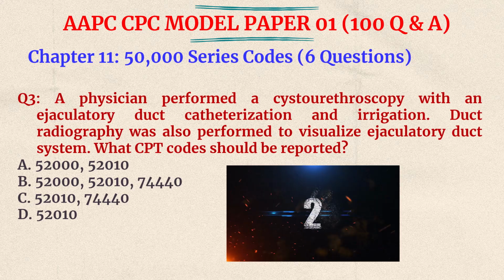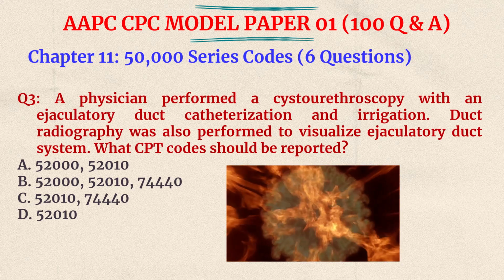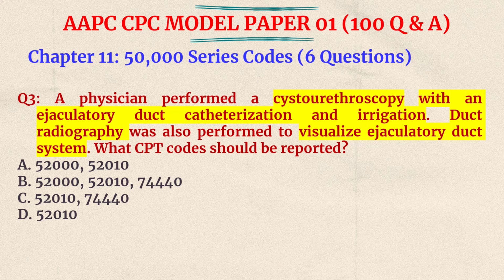3, 2, 1. Okay, here you have to highlight this is the cystourethroscopy with an ejaculatory duct catheterization and irrigation, also duct radiography to visualize the ejaculatory duct system. You may be aware this is a test done in a male for infertility. So here you can see the first codes are 52000 and 52010 and also 74440 is available. So you can use the elimination method to find the answer.